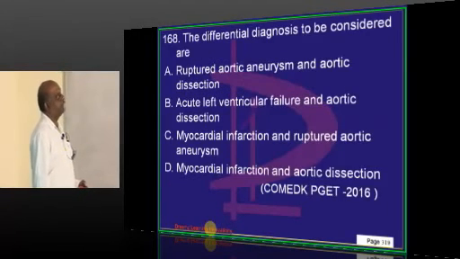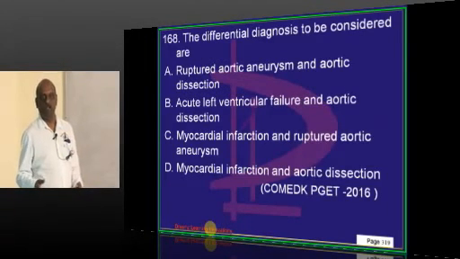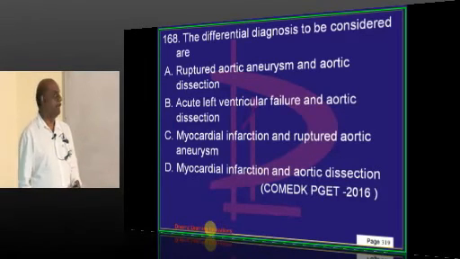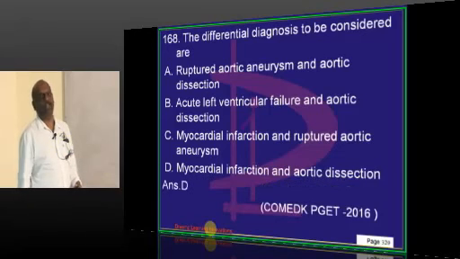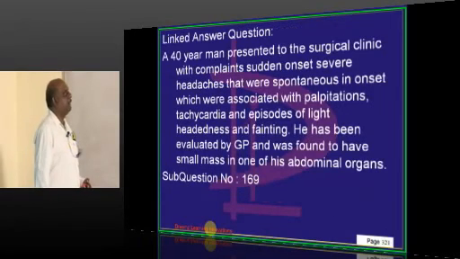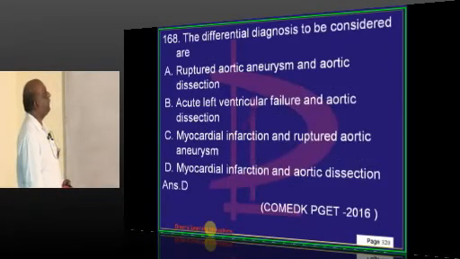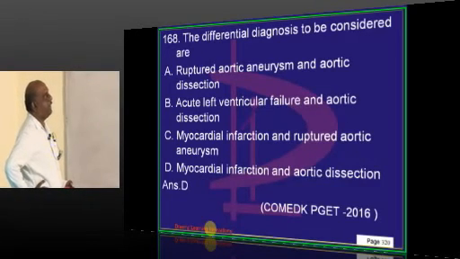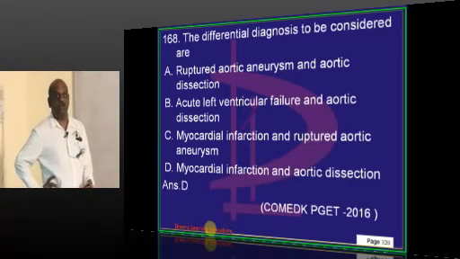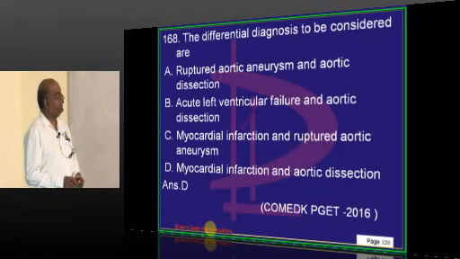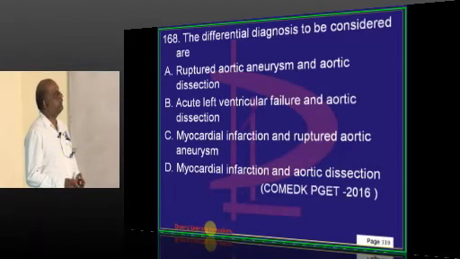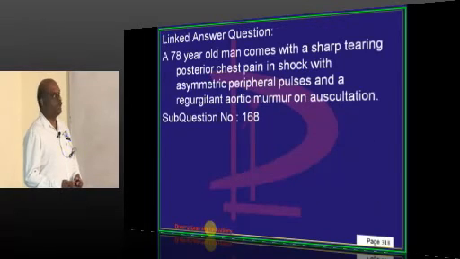78-year-old, what is the differential diagnosis? In this case of chest pain radiating towards the back, MI and aortic dissection are the close differential diagnoses in this given clinical scenario. Why not option A, ruptured aortic aneurysm? Ruptured aortic aneurysm was also given as a differential diagnosis, doctor.